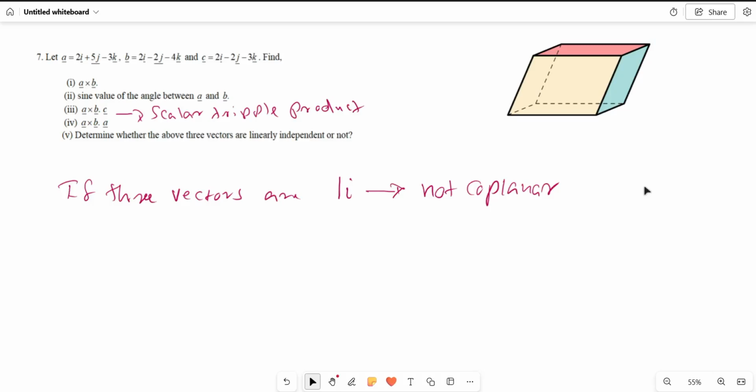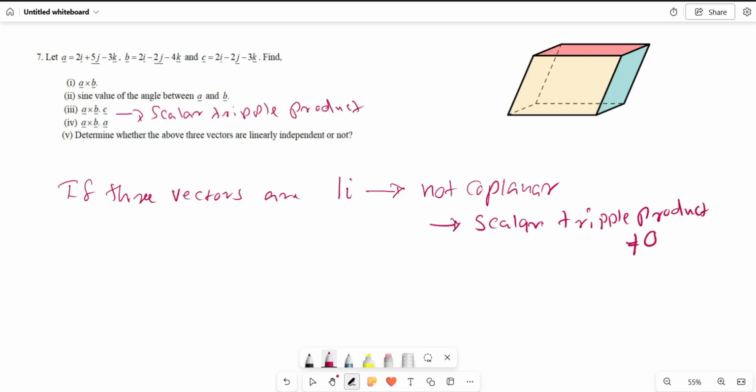If the 3 vectors are linearly independent, they are not coplanar, and if not coplanar, the scalar triple product is non-zero, not equal to 0.